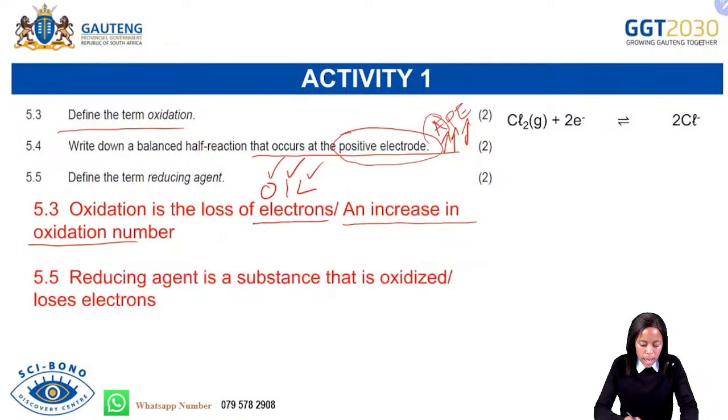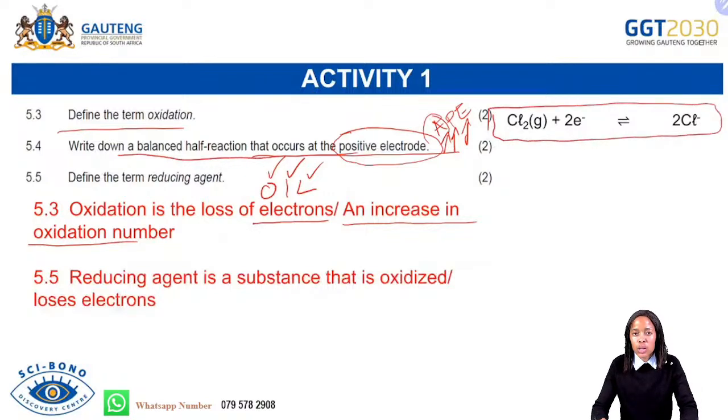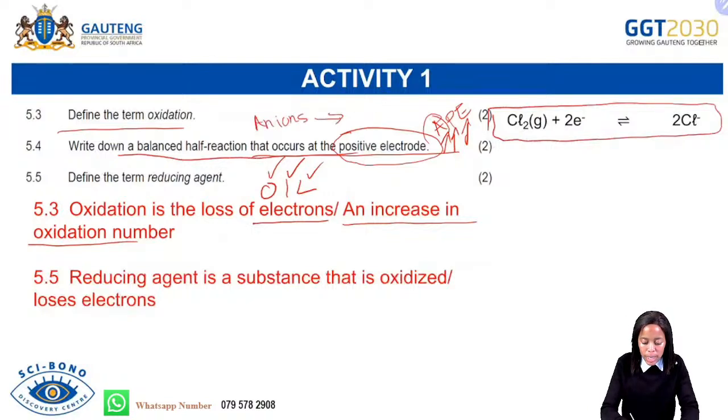Okay. So it says here, write down the balanced half reaction that occurs at the positive electrode. So it therefore means that when it comes to the migration of ions, we said that the anions will migrate to the anode. So we had Cu2+ and Cl minus.